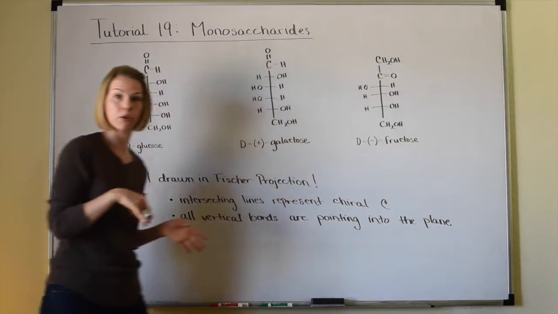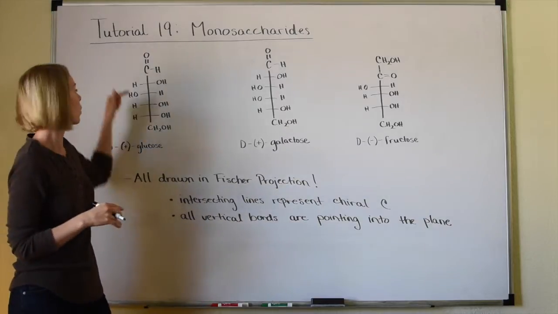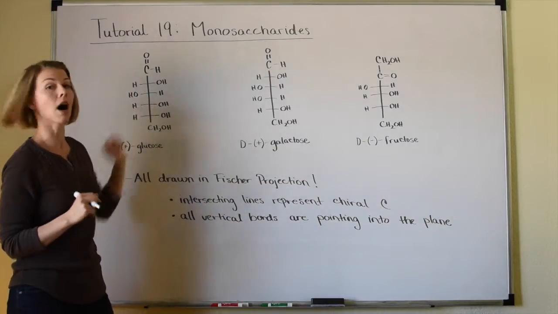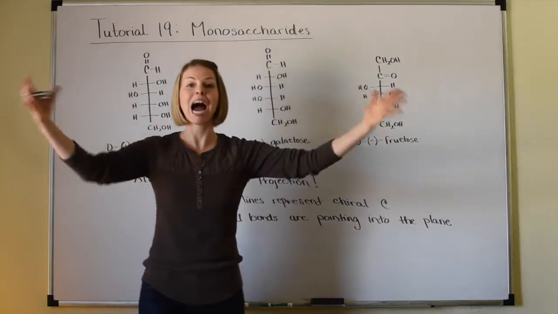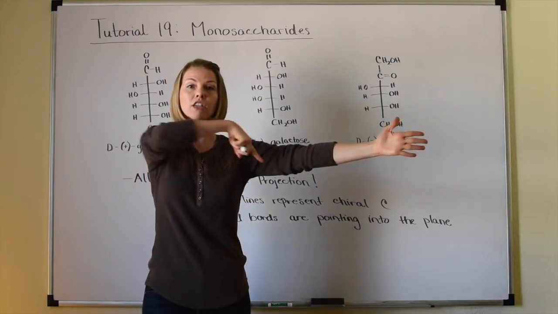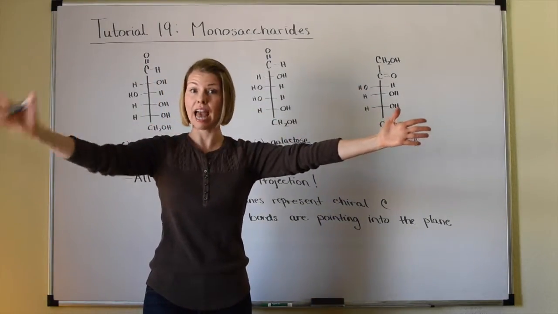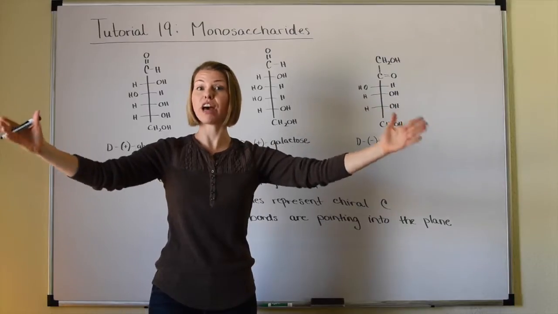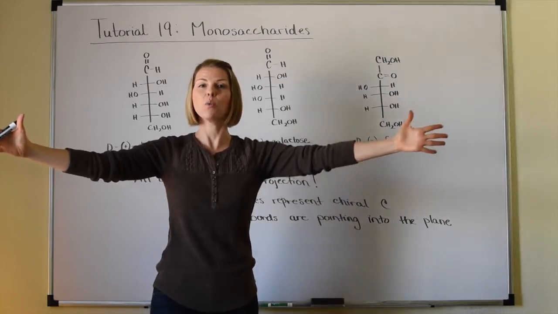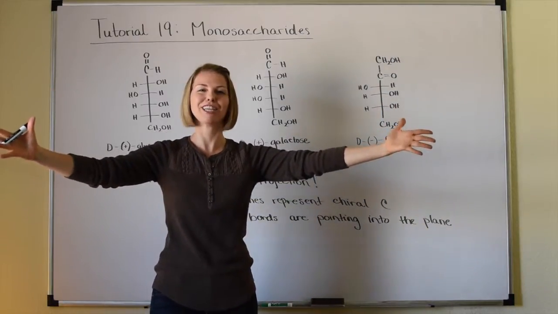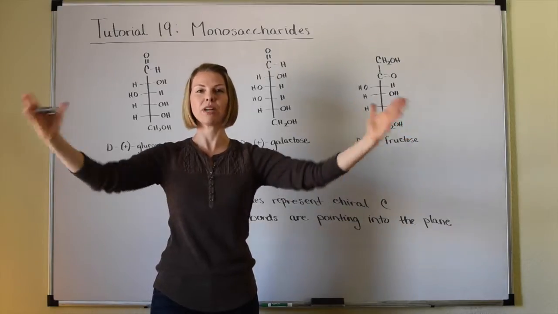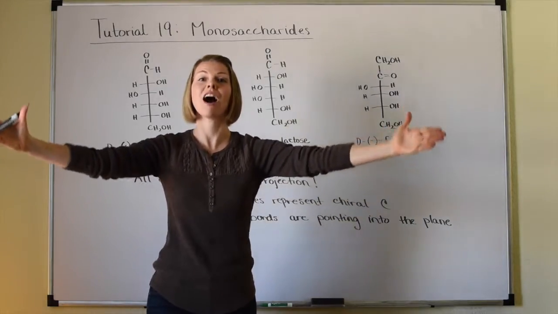That means that all of your horizontal bonds are coming out at you at a 109.5 degree angle. Remember that the horizontal bonds will hug you. We said that back in tutorial 18. They are pointing out at you like they're going to hug you.